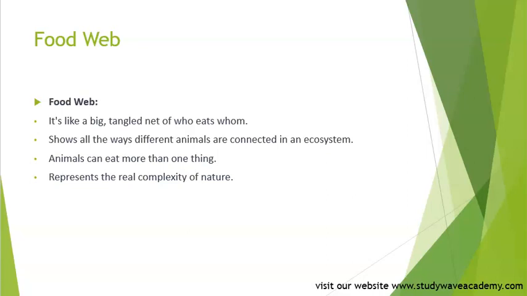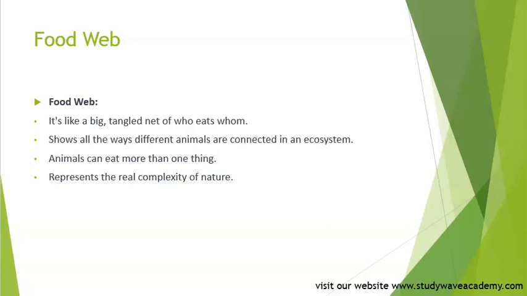They have different sources of food, representing the real complexity of nature. So the food web is more complex and interconnected. Okay? Understand that, right?